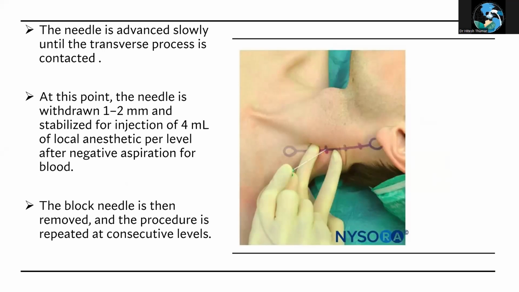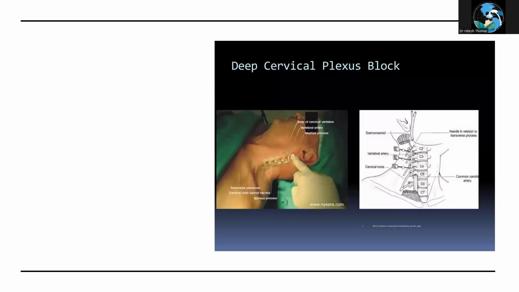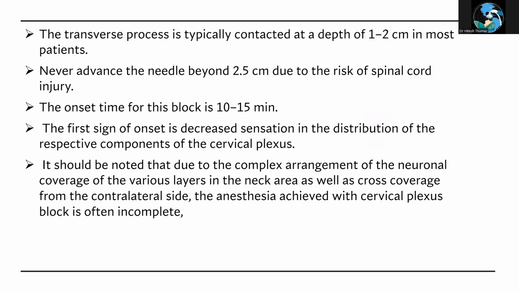In C4, hit the transverse process, come back, deposit 4 ml. C6 again, hit the transverse process, withdraw a little bit, and deposit 4 ml. You will definitely get the deep cervical plexus block within 10 to 15 minutes.